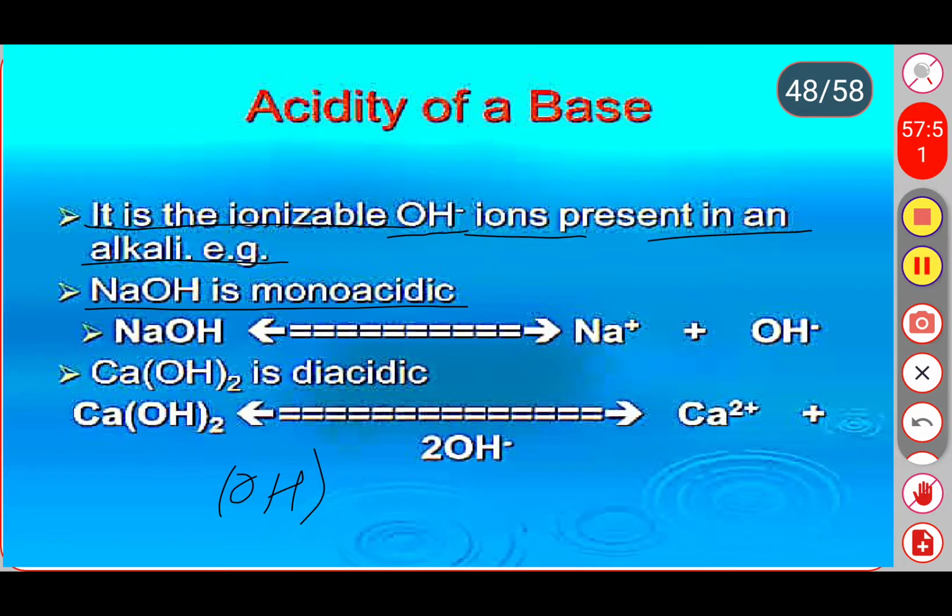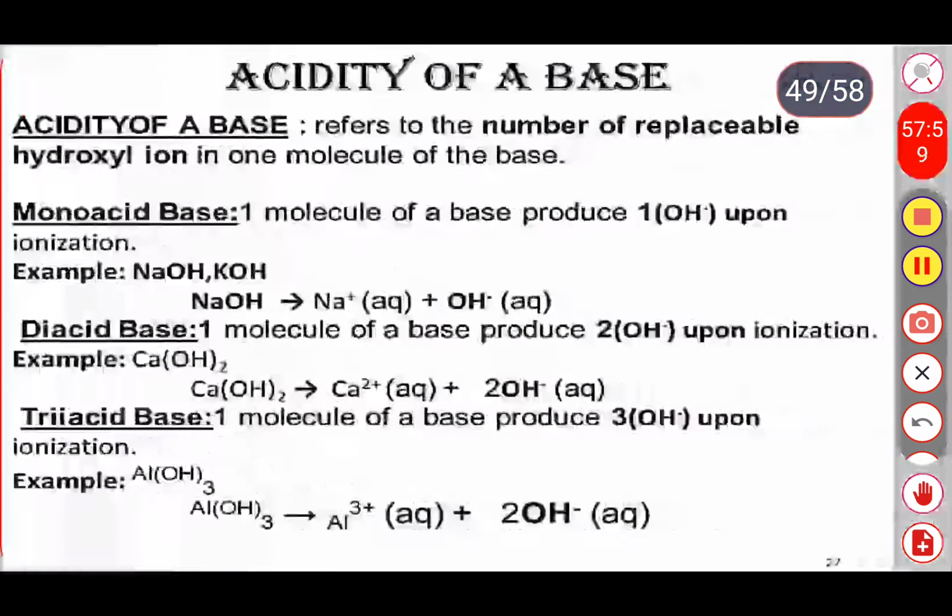Acidity of a base refers to the number of replaceable hydroxyl ions in one molecule of the base. Monoacidic means one molecule of base produces one OH upon ionization.